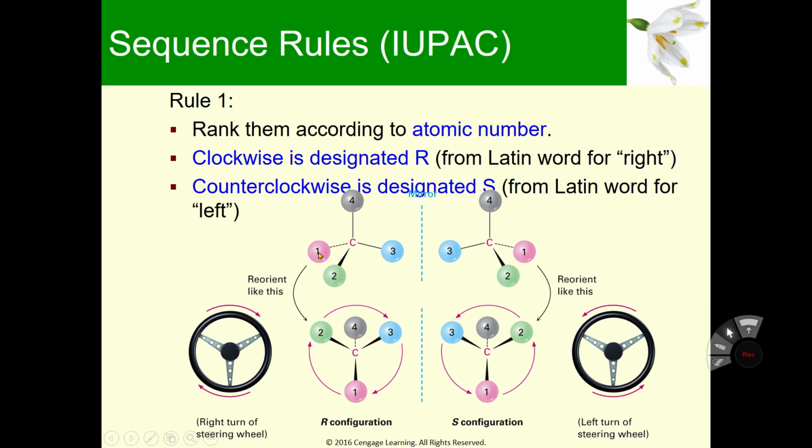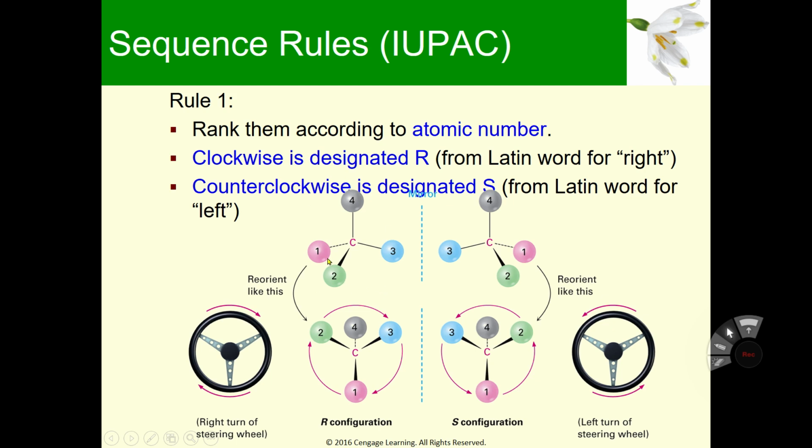In that case, 6 is the atomic number for carbon. So 6 is higher than 1 of the hydrogen. So we can say number 1 is in a higher sequence priority than number 4. Right? So we can assign the sequence priority for each of these groups or atoms.